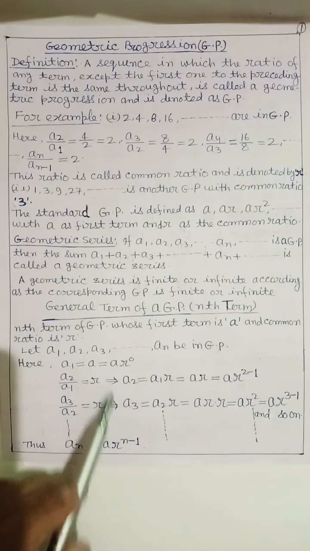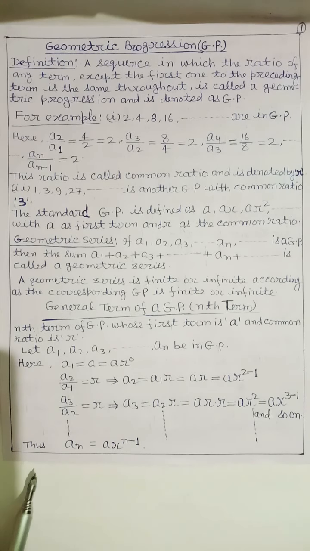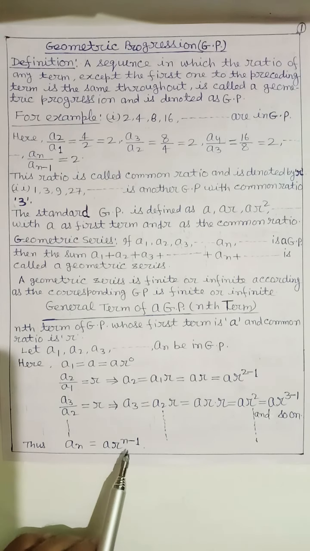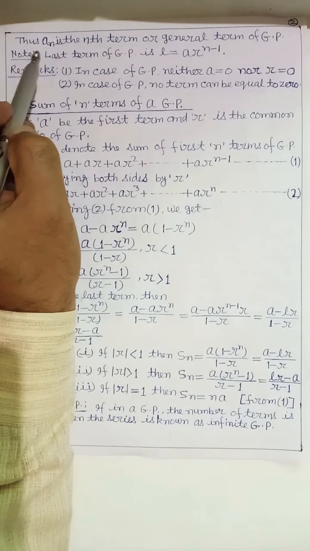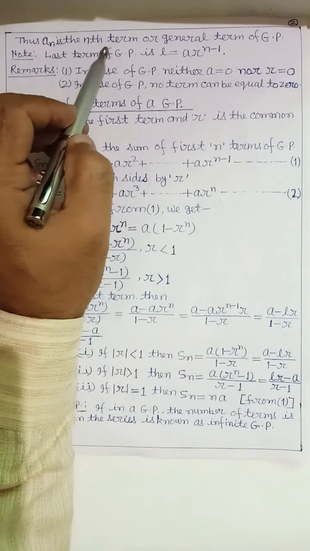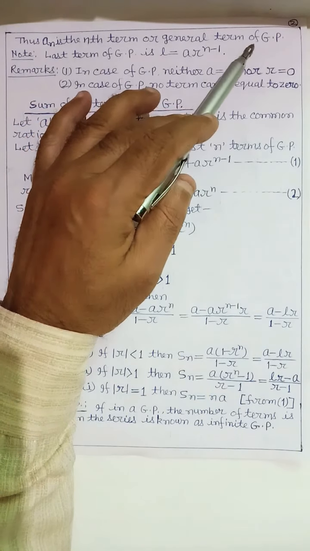So using this pattern, we have An is equal to AR to power n minus 1. Thus An is the nth term or general term of GP.